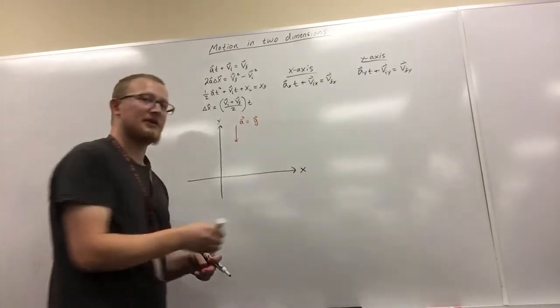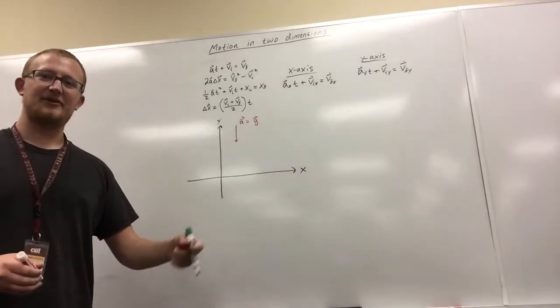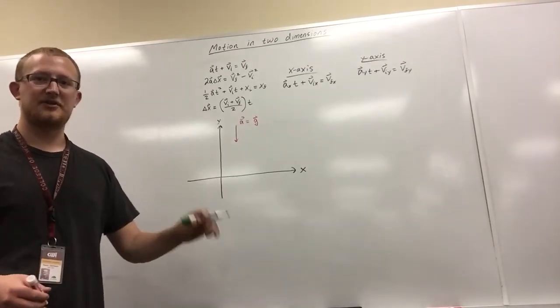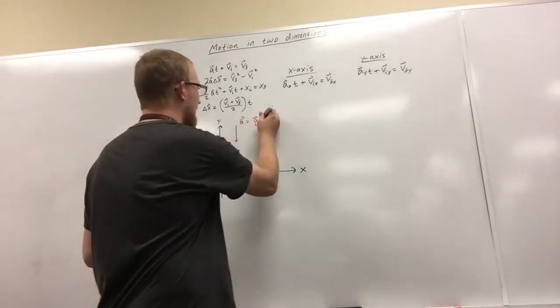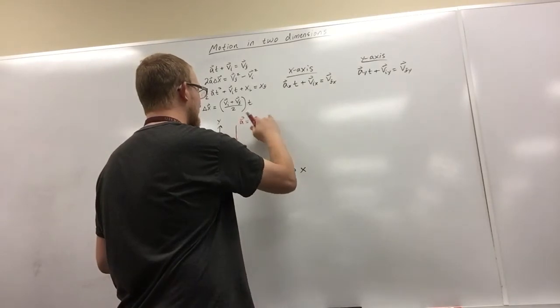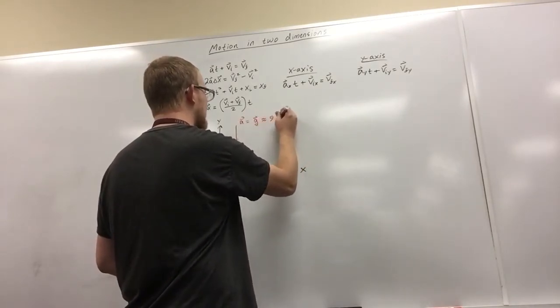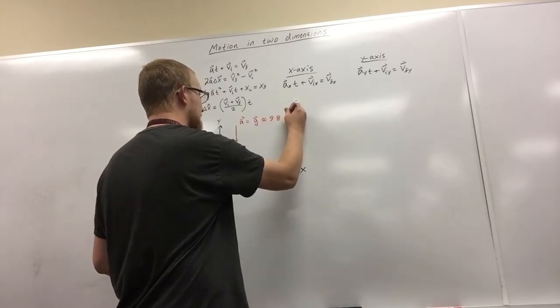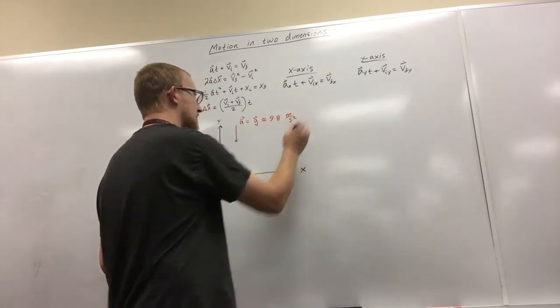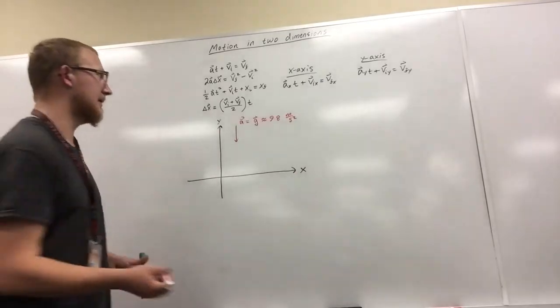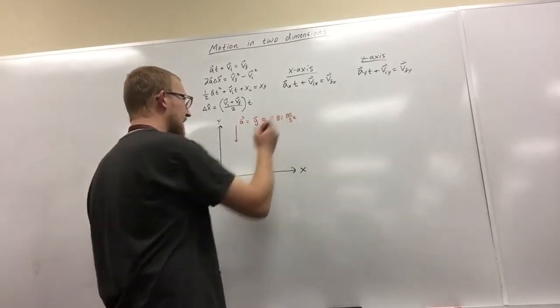It gets a special letter because g is the gravitational acceleration on the surface of planet Earth. It's roughly, an estimation, 9.8 meters per second squared. Some people say 9.81. You could definitely do that.